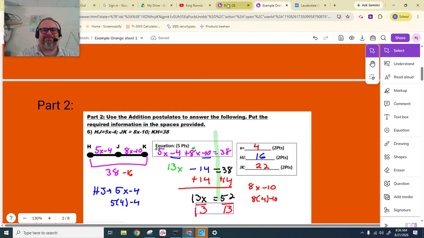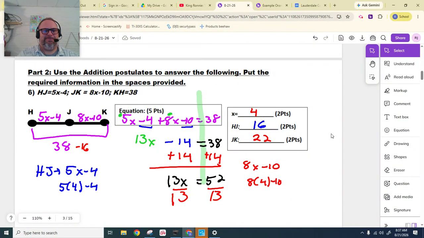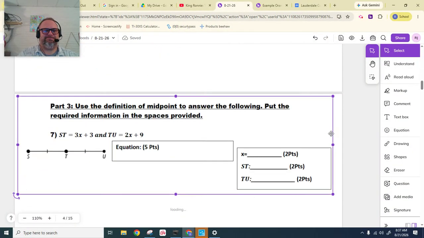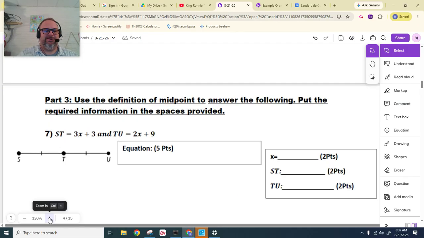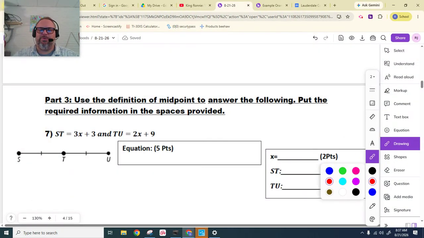All right, so now use the definition of midpoint. Definition of midpoint says that they are congruent. Oh man, I messed up one more thing. Oh well. So 3x plus 3 equals 2x plus 9.